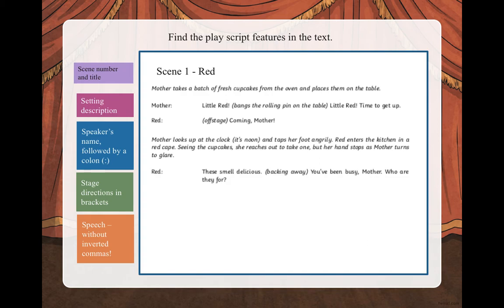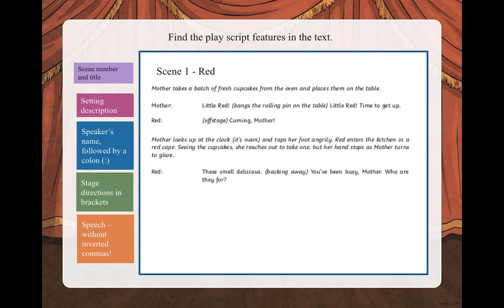Scene 1, Red. Mother takes a batch of fresh cupcakes from the oven and places them on the table. Mother. Little Red, (bangs the rolling pin on the table) Little Red, time to get up. And then Red, (off stage). Red hasn't come on stage yet. Coming, Mother.